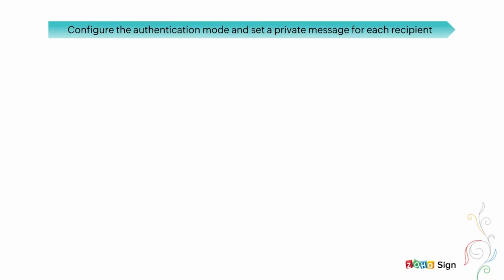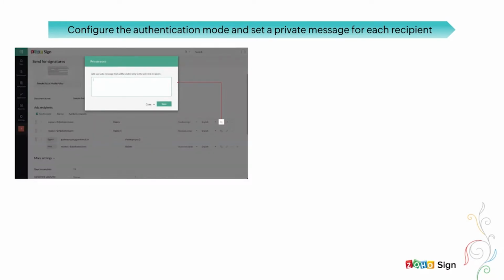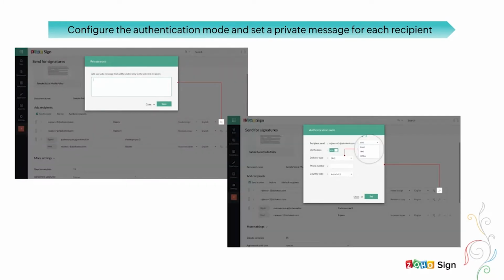To present contextual information to individual recipients, and perhaps for additional security, you can add a personalized private message for each recipient. You can also enable an additional measure of security by sending an authentication code to the recipient by email, SMS, or an offline method.